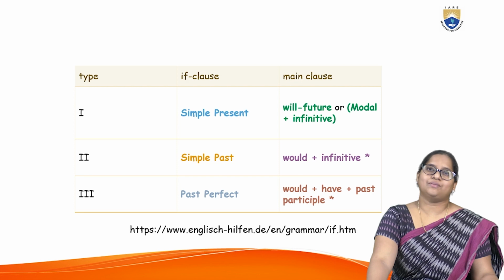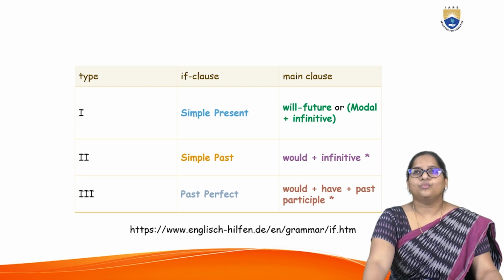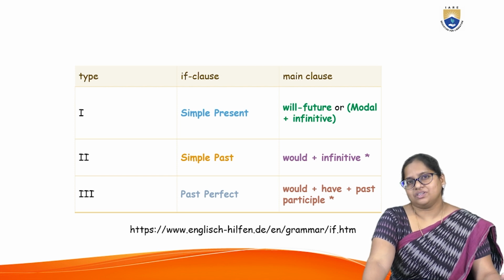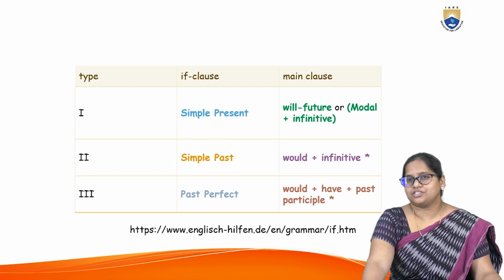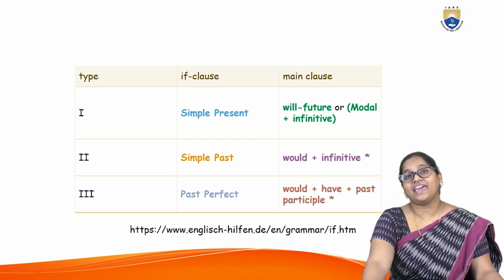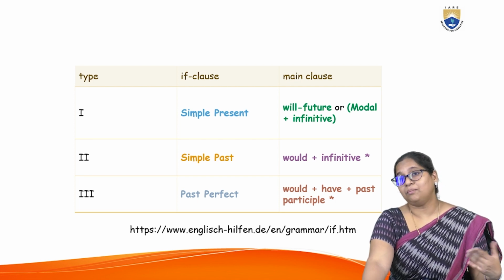Now let me give you examples for these three. Condition 1, what structure does it take? It takes simple present. Simple present means: I do it, I come, you go. Simple past: I ate, she ate, they completed.